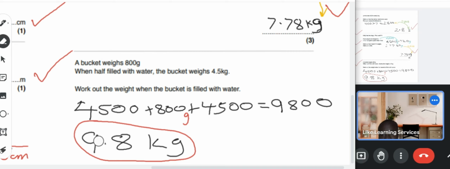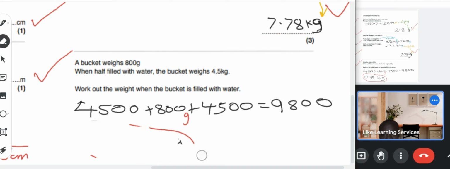So let me just explain this so that we figure that out. But you really did very well. This first part is correct. That's the weight of the pocket. But we need to know the weight of half of the water alone, which what you should have done is 4,500 minus 800, is it not?